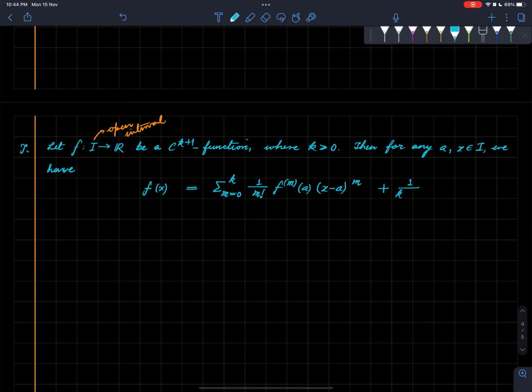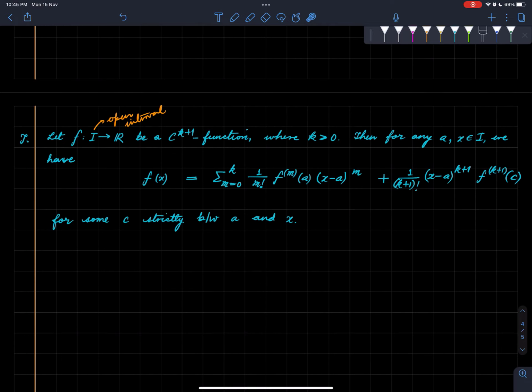I don't use the interval notation a comma x because that implicitly implies that a is less than x, and I don't know if a is less than x. A and x could be not necessarily in that order. So this is the Lagrange form of Taylor, and the proof is very simple now.